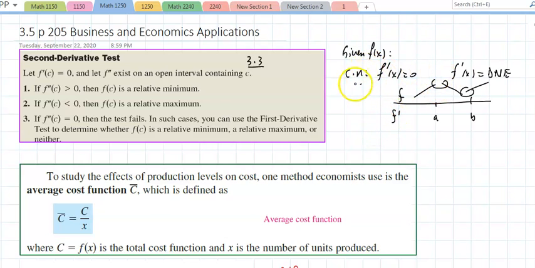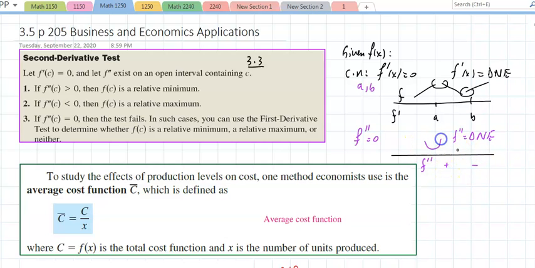If I find the critical numbers, and let's say that happens at A and B, I could take a second derivative and figure out where the second derivative does not exist. And I could do a testing and figure out where the second derivative is positive and where it's negative.